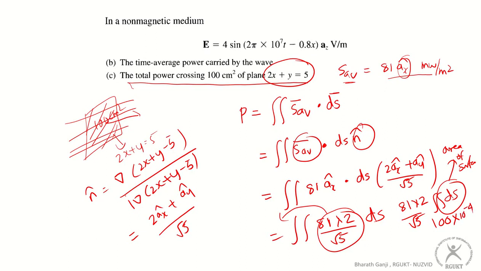If you multiply all these things, you get the power answer as 72.724.5 microwatts actually passing through this region.